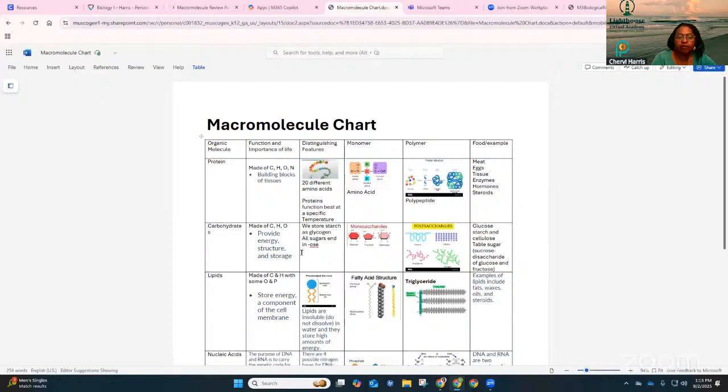Since we added it for carbohydrates, we did add that proteins function best at a specific temperature. What was I just about to add? Oh, I'll put it over here.